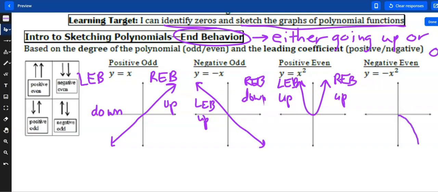You need to know that the right end behavior is down before you find the left end behavior. It will really be very nice for you to find this before you find this. So I will always be finding the right end behavior first and the left end behavior second.